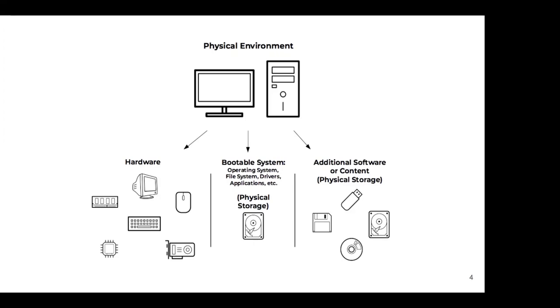And then, of course, you have the additional elements that store data that needs to be interacted with through this system. So you might have floppy disks, optical disks like CD-ROM or DVDs, and then other versions of hard disk storage, so external drives, USB drives, et cetera, et cetera.